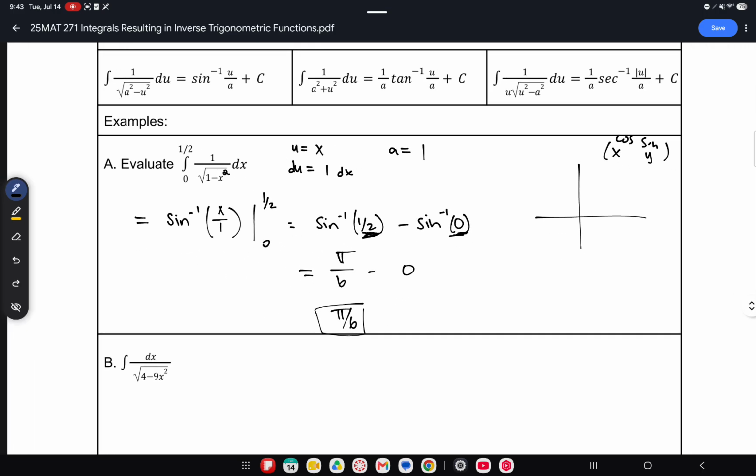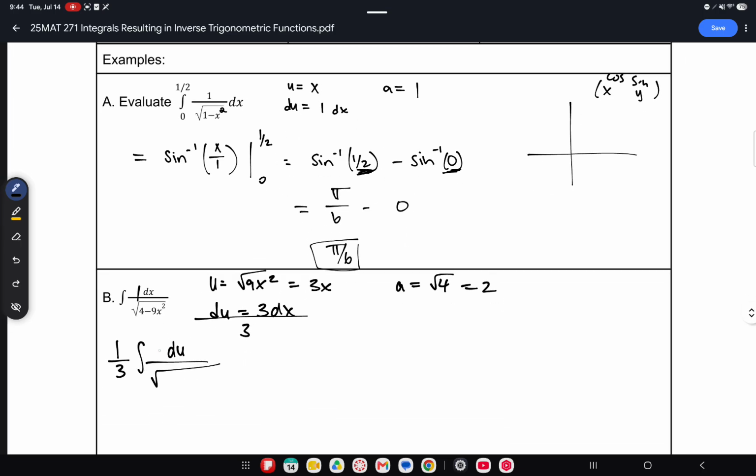I have another one here that looks like it's in that inverse sine form. So u is the square root of 9x squared, which is going to be 3x. So du is going to be 3 dx. I really only have 1, so I need to divide by 3. So 1/3. And then a is going to be the square root of 4, which is 2.